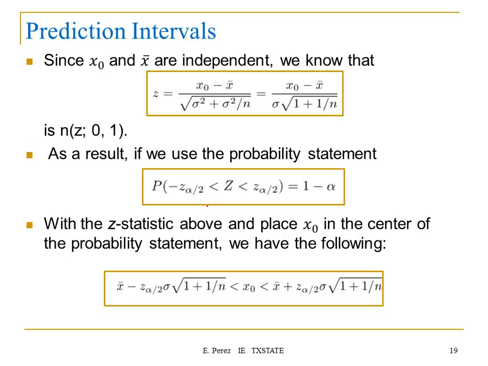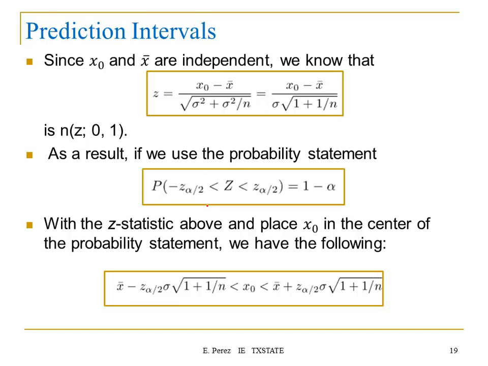Since x0 and x bar are independent, both of them are random variables, we know that the value of z can be computed like this. We talk about the difference of means, and this is based on that discussion.